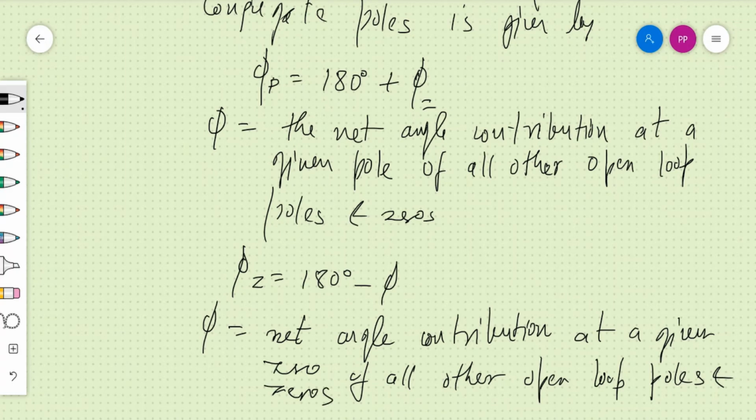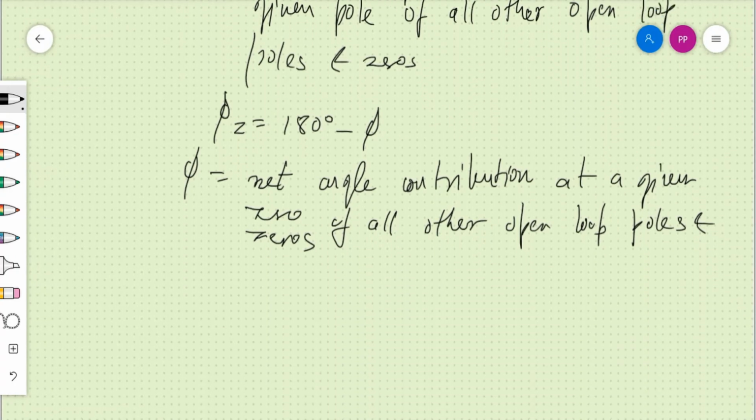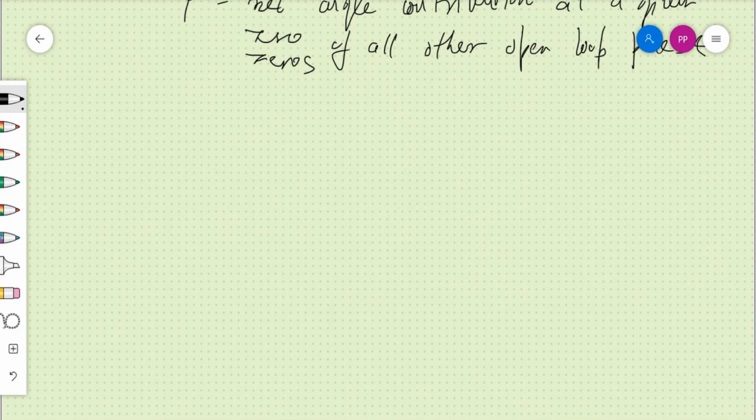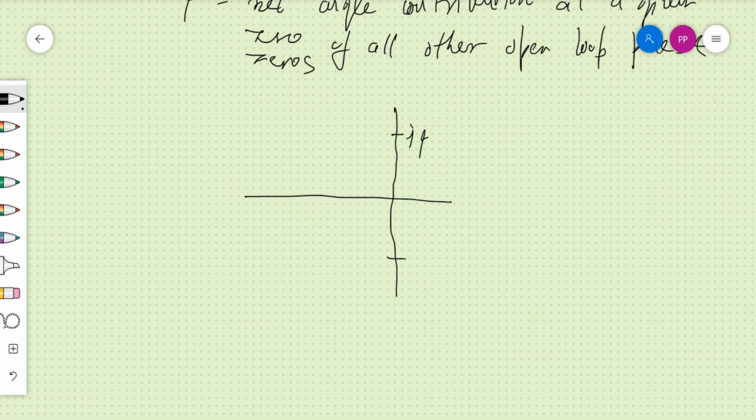So let us understand this with illustration, because when you see the formula it looks a little bizarre. With illustration it will be easy. So we have the poles at j4, minus j4, on the sigma j omega axis.